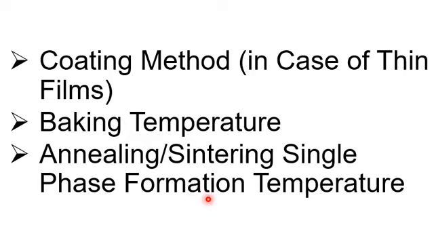So annealing temperature or sintering temperature plays a vital role in order to get a highly pure single phase nanomaterial, nanowire and thin film.